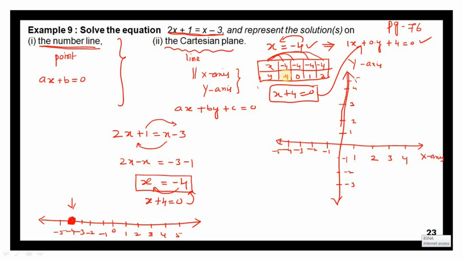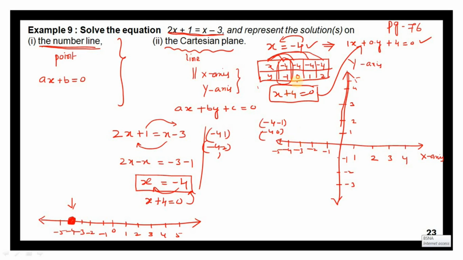And I already have points here: (-4, -1) is one point. (-4, 0) is one more point. (-4, 1) is one more point. (-4, 2) is one more point.